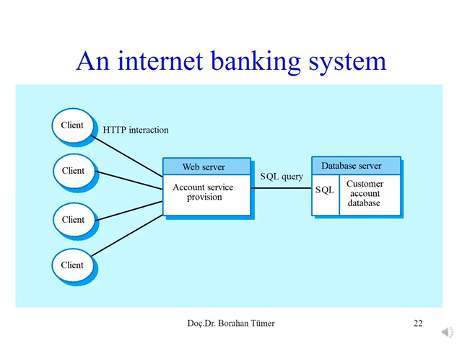Here, at the account service provision, as we mentioned before, the requests, the transactions coming from the client are serialized into a sequence, and each transaction is handled separately in the customer account database. And in any case of a problem, the database is not corrupt.